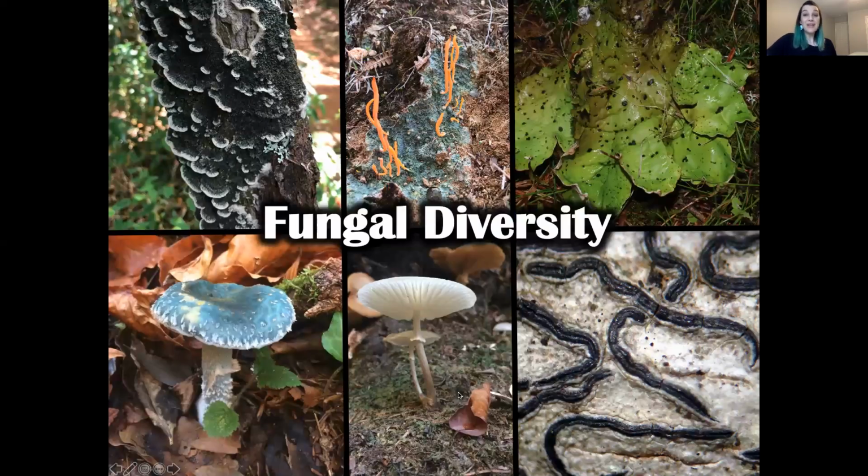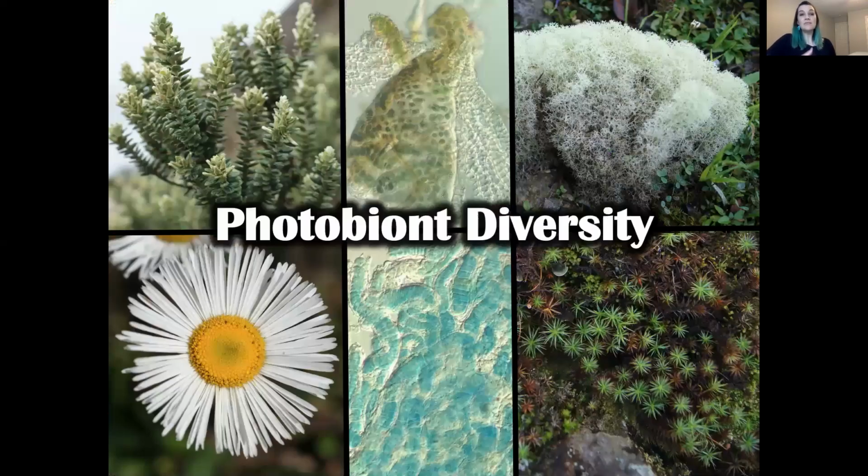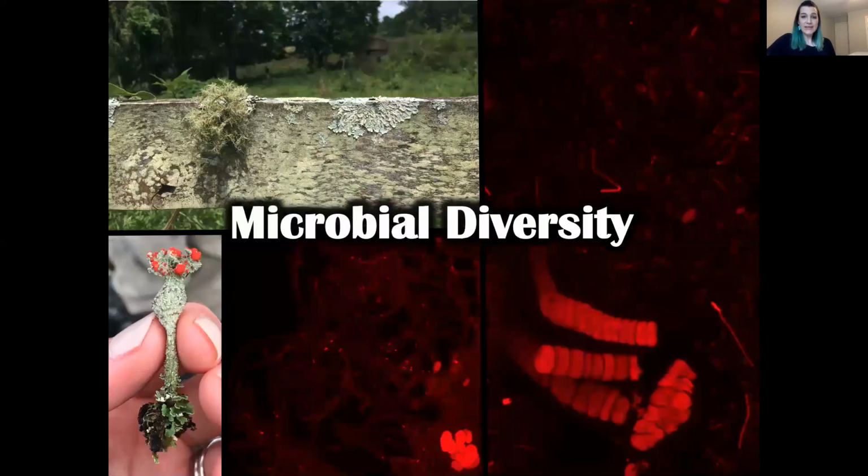So diversity of lichens can be studied at different levels. I always think that as a basis, we should have very well delimited species of the fungi, so we're able to compare apples to apples. And in the photobiont, we can assess how diverse they are and how selective and specific they are towards their choices, but also what microbes are present.